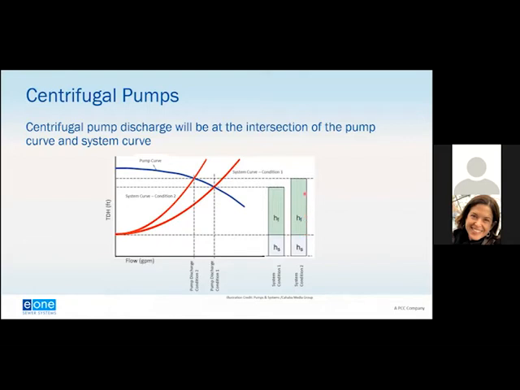So as you have higher friction losses, your system curve then moves up to this red line on the left. And what that means is when you have lower friction losses, your centrifugal pump is going to be discharging at this intersection point, condition 1. Because you have more flow going into the system as centrifugal grinder pumps turn on and on, the total dynamic head is going to go up, and the discharge of the centrifugal pump is going to fall back onto this point of its curve. So the pump will always operate where the curve tells it to, based on the total dynamic head within the system.